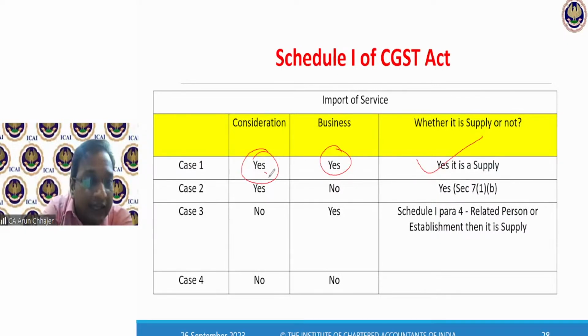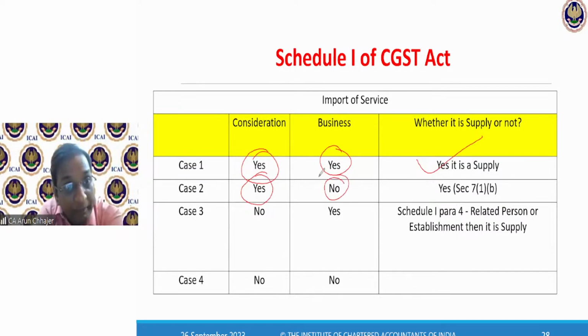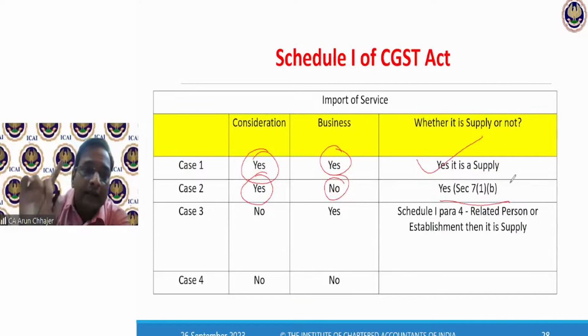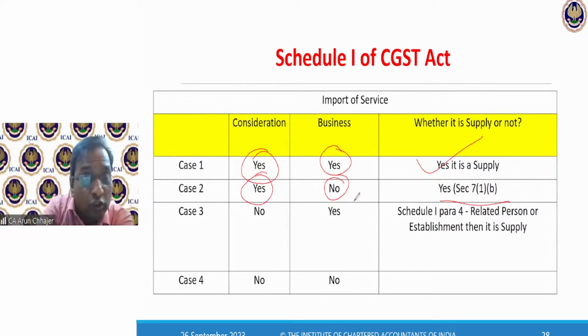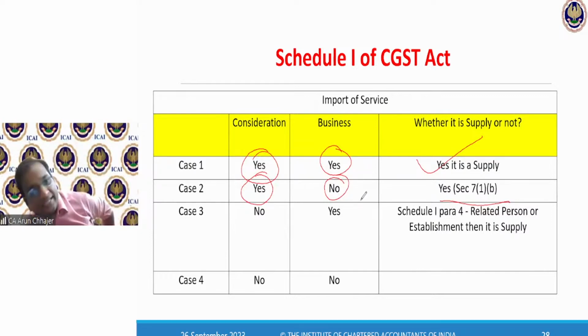Consideration is there, but business is not there, will it be supply? Section 7, subsection 1, clause B, we have discussed that whether or not in the course or furtherance of business, import of service with consideration will always be supply.